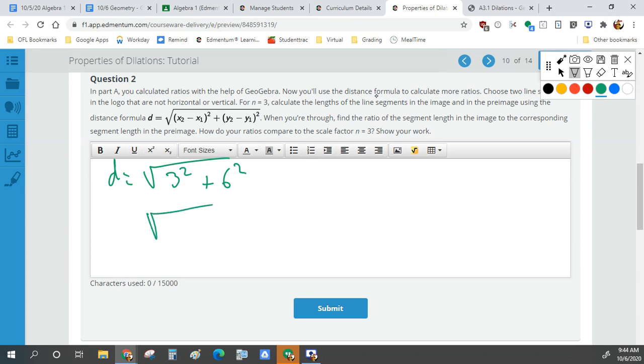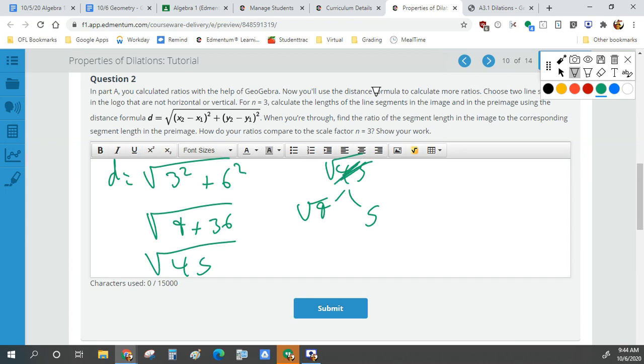So then for my next step, I'm going to do 9 plus 36. And this is going to end up being the square root of 45. You can just leave it like that if you want. If you want to go into a little more detail, factor tree it, 9 and 5. You can take the square root of 9.